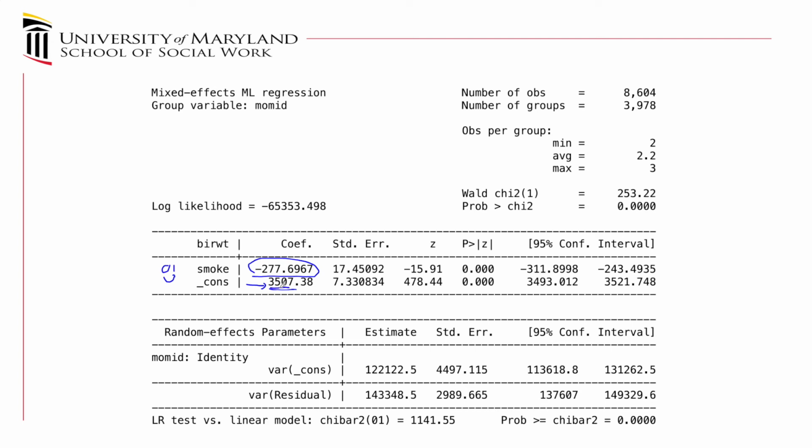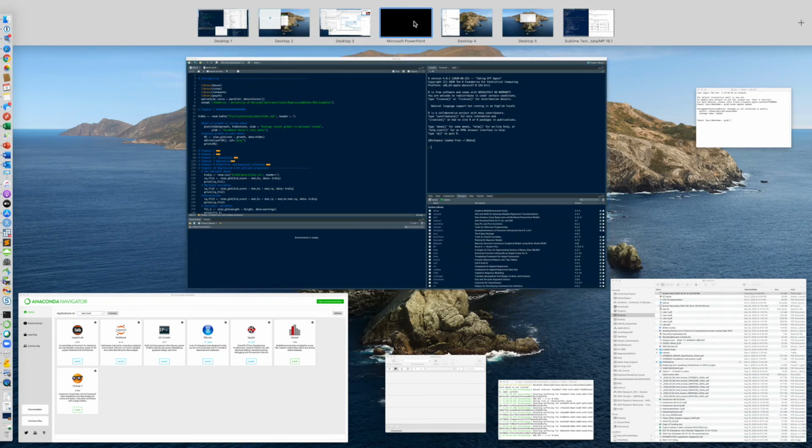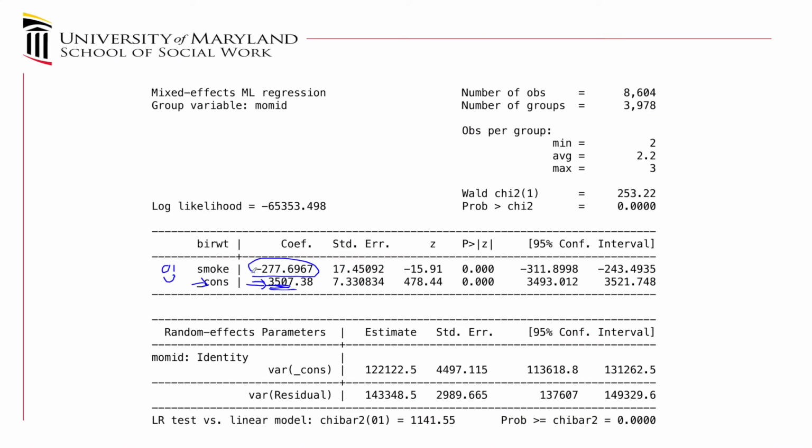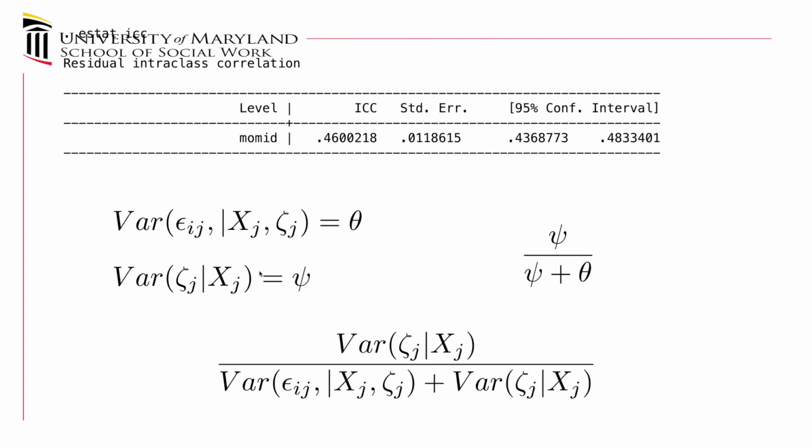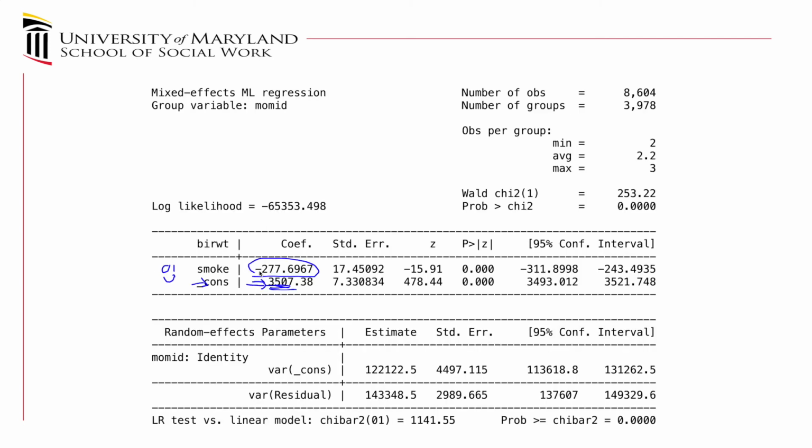So we can calculate now two means: the mean of mothers that have never smoked, that's this, and then this is the effect of smoking. I've been a little vague about that because I told you these are within and between separated. We'll get back to that in a second. But let's talk about another issue.